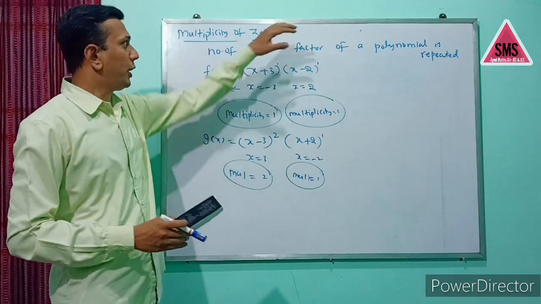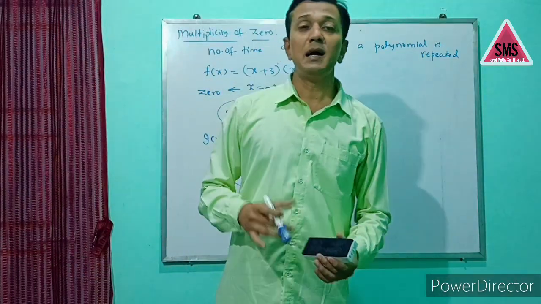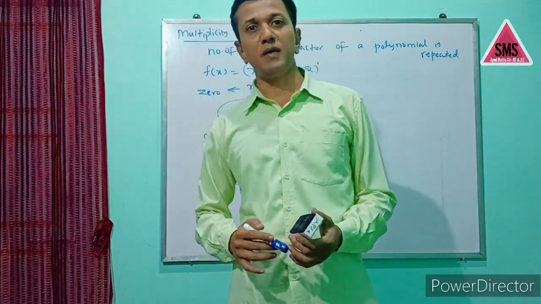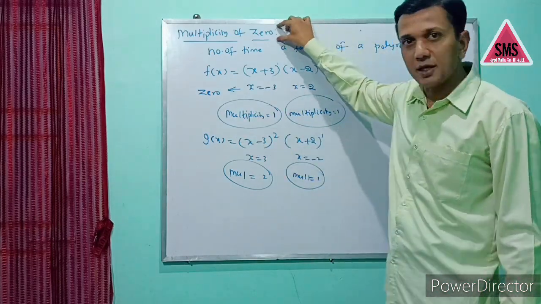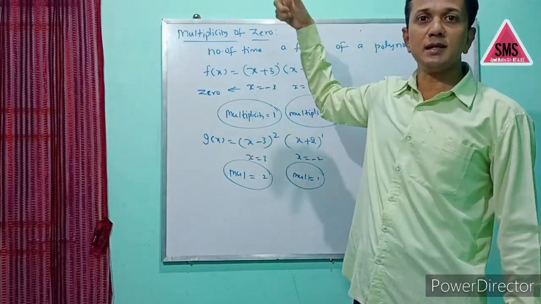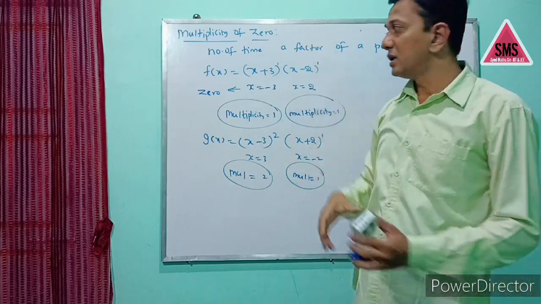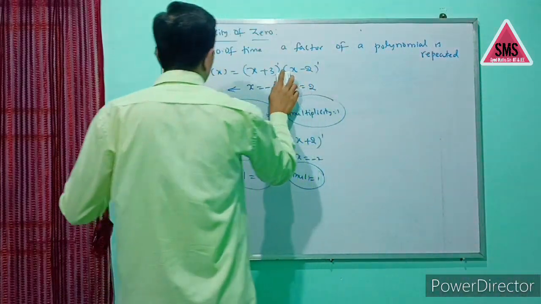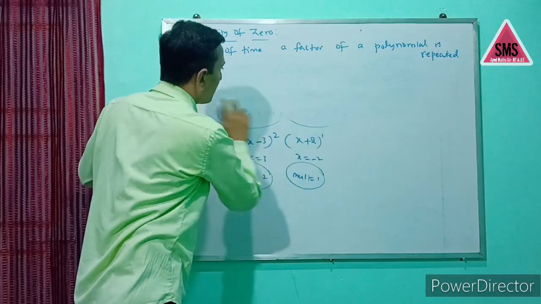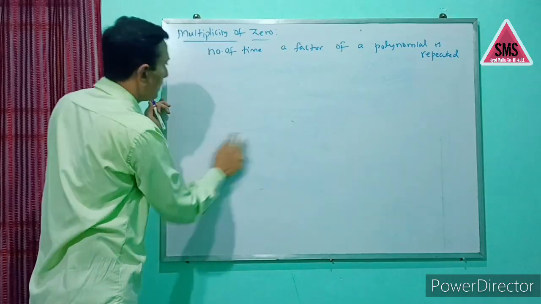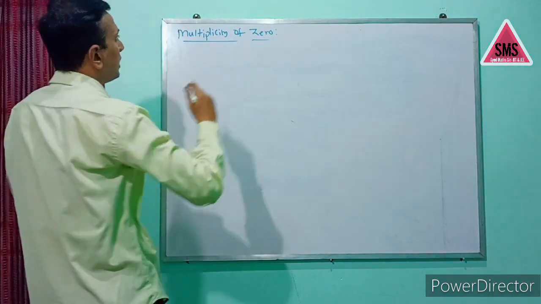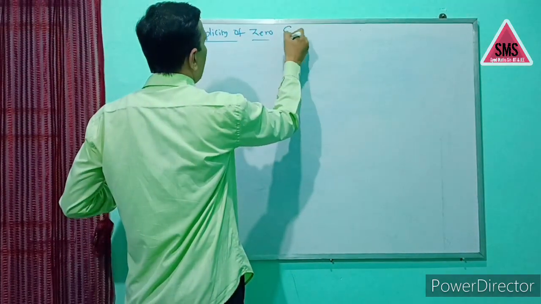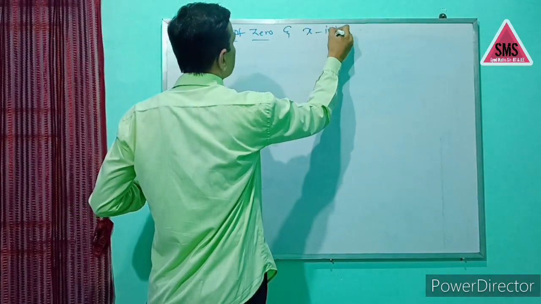Now, how is this going to be helpful in deciding the behavior of the polynomial function graph? We will combine this topic, multiplicity of zero, along with the x-intercept on the graph. When you take this on a graph, how will it be represented?